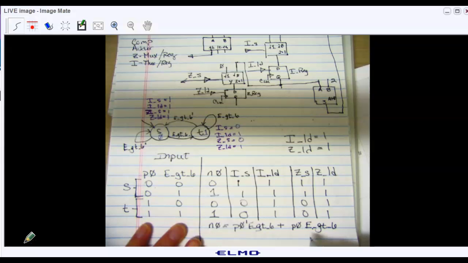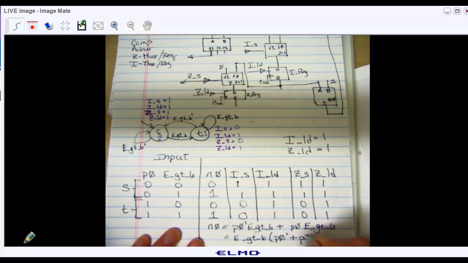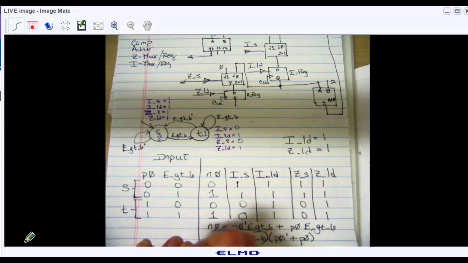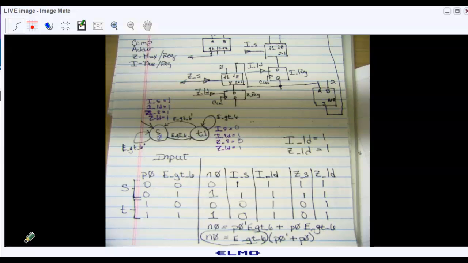So by simplification, you could factor out the E flag, and you're left with P0 complement ORed with P0, which becomes a 1. So you're just left with this. I'm running out of space, so I'll just leave it there. Okay, so this becomes a 1.